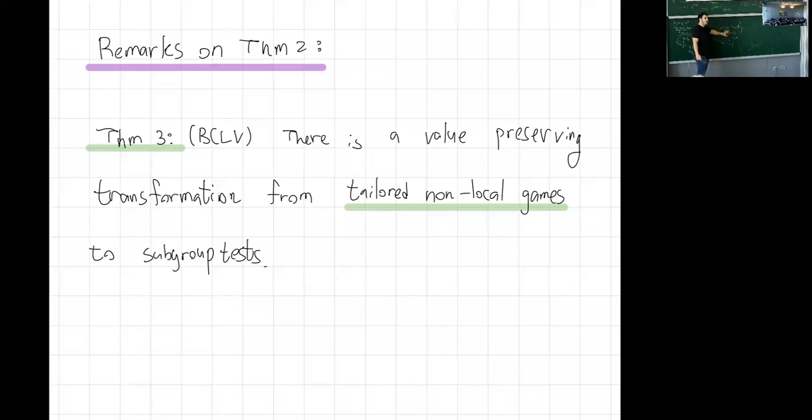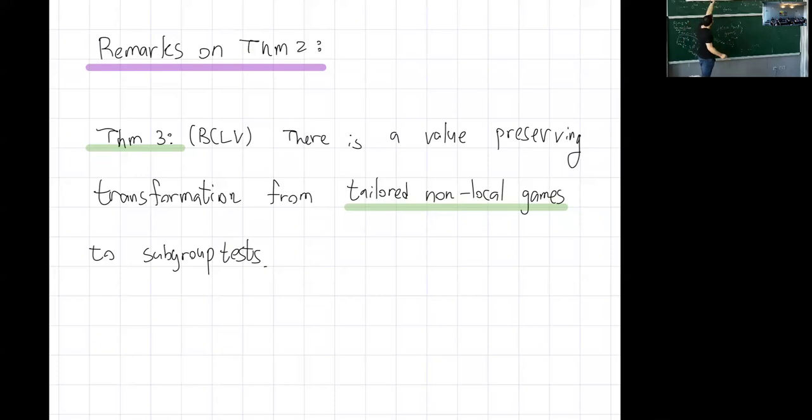If I give you a non-local game, just a description, a combinatorial object, deciding whether its value is 1 or strictly smaller than 1/2 is as hard as the halting problem. That's the big breakthrough that we got inspired by, and we also follow their techniques.